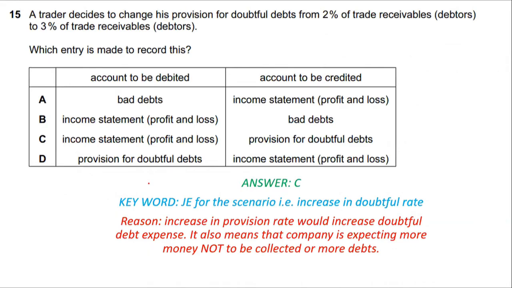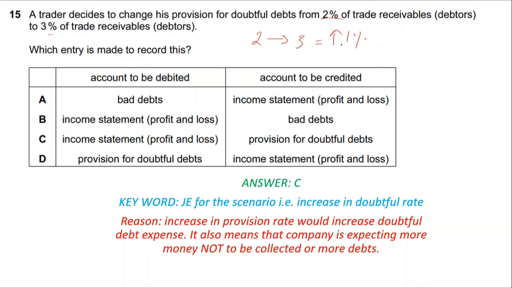Multiple choice 15. A trader decides to change his provision for doubtful debts from 2% of trade receivables to 3% of trade receivables. That basically means it goes from 2 to 3%. In other words, an increase of 1% in the provision, or the allowance rate. Which entry is made to record this?